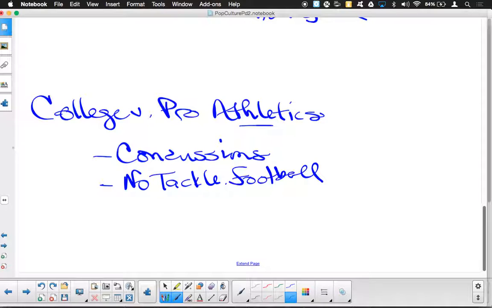And a lot of arguments certainly exist that big time college athletics, football, basketball, it's not really student athlete anymore. It's more athlete minor leagues that are getting used by the NBA and NFL, and the whole academic part maybe has been kind of removed from it a little bit.